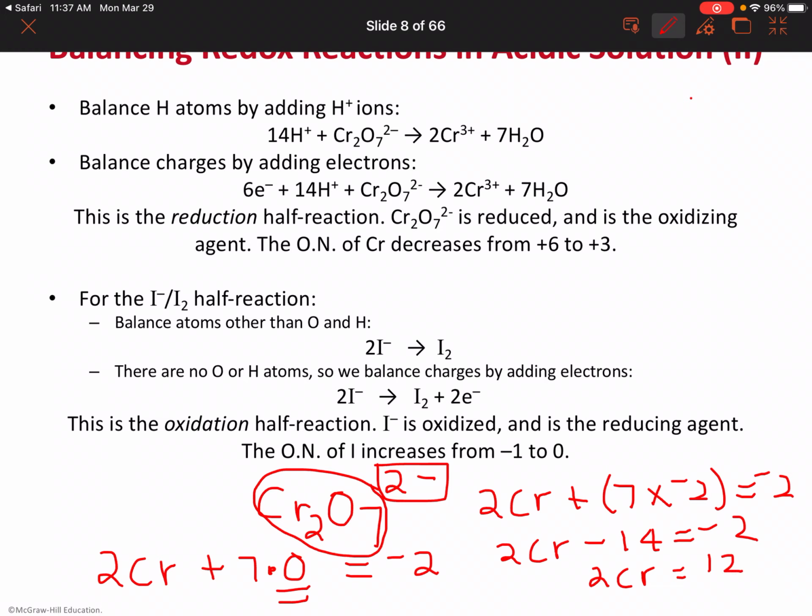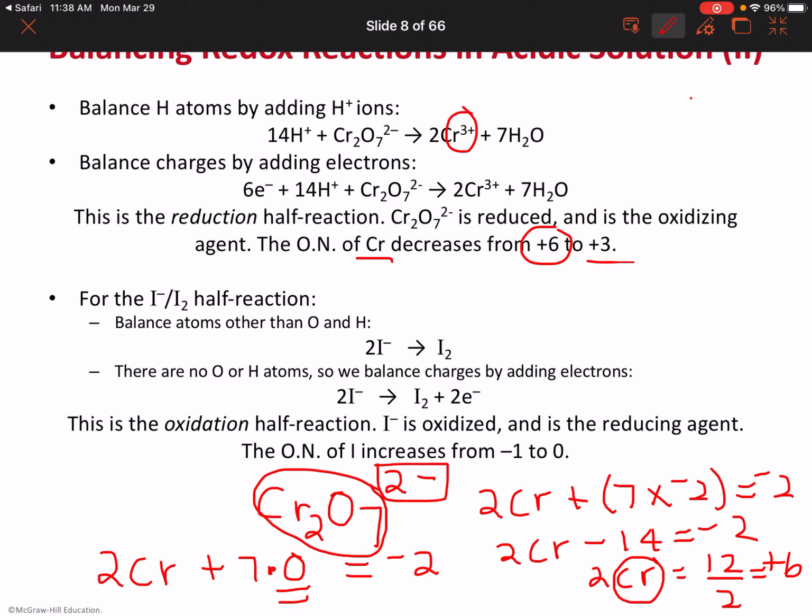So the 2 chromium ions have a charge of 12. Then what should be the charge of 1 chromium ion? 12 over 2 is plus 6. That's how you get the plus 6. And here it is plus 3, so the oxidation number goes from plus 6 to plus 3. So chromium is undergoing reduction.